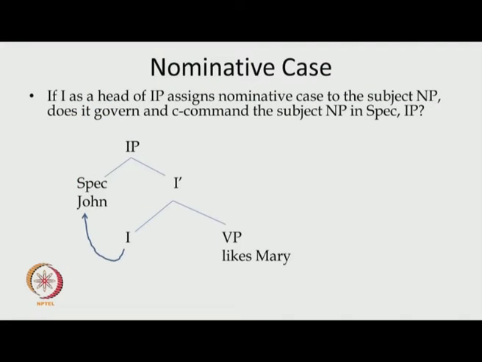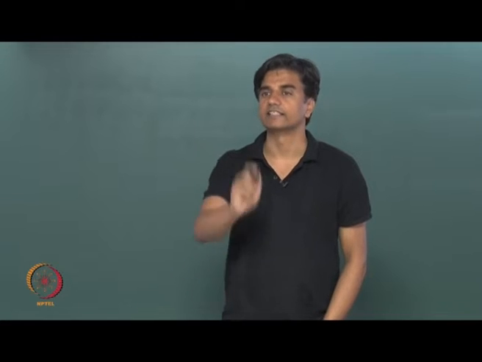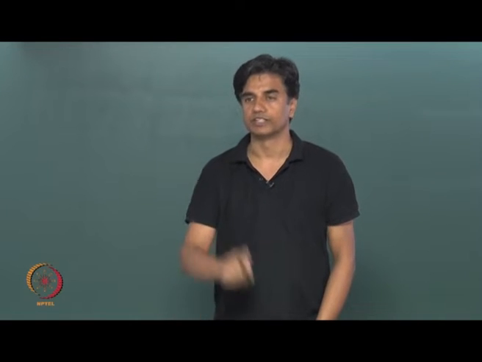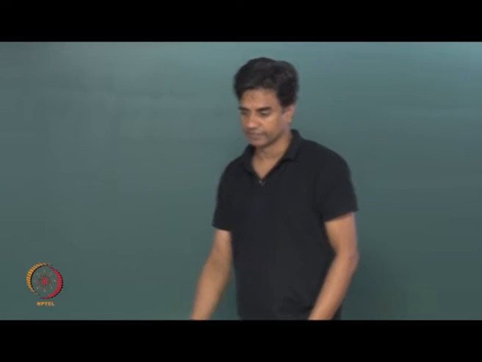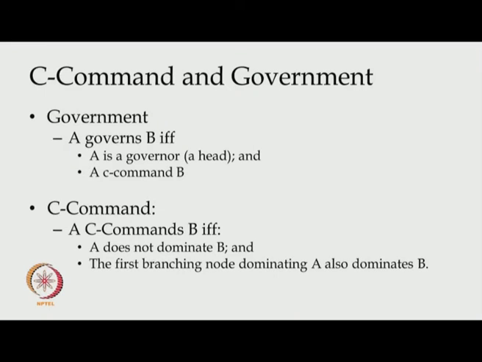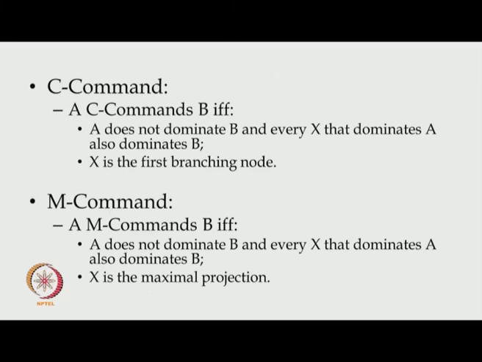All right. We have looked at these things and we saw until yesterday, right, that I assigns nominative case to the subject NP. All right, clear? We have discussed all of this, and here are the two things, government and C-command, which are responsible for assignment of cases, but this existing definition of C-command was not enough to take care of nominative case assignment.